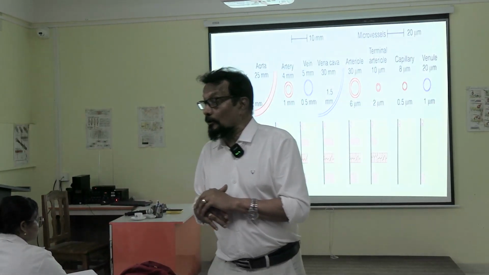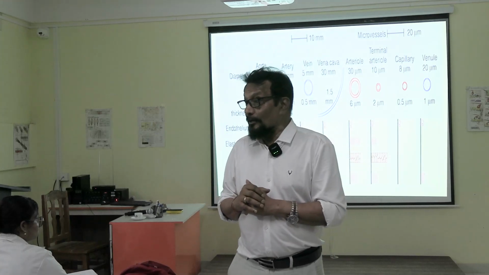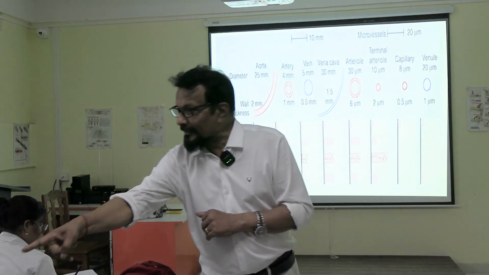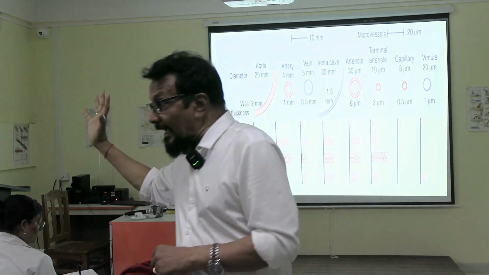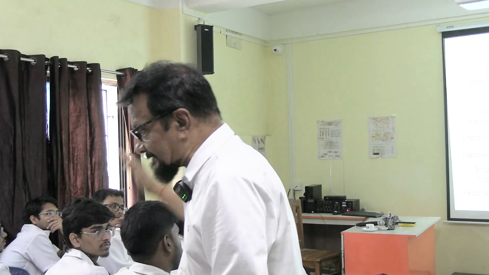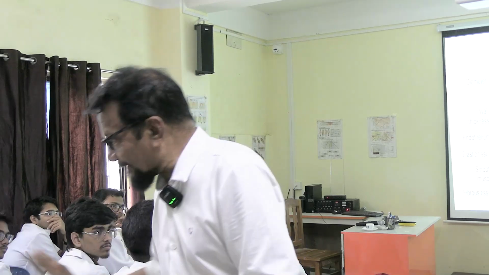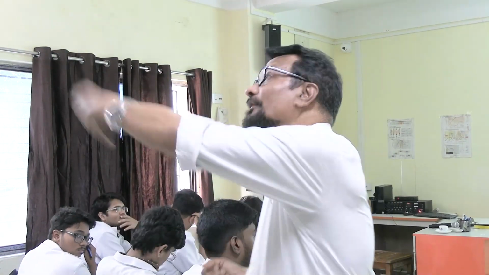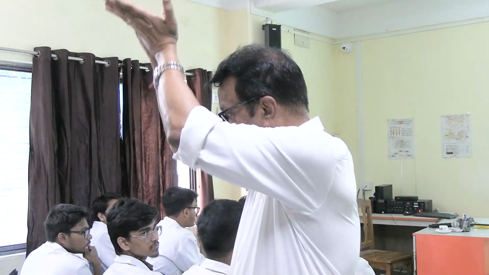Another is convection. What is convection? The fan is removing heat from your body. How? By convection. It is moving the air. This air is cooler than your body temperature. This air is coming and touching your surface, taking some heat, becoming hot and then moving off. So this is convection. Another process is conduction.